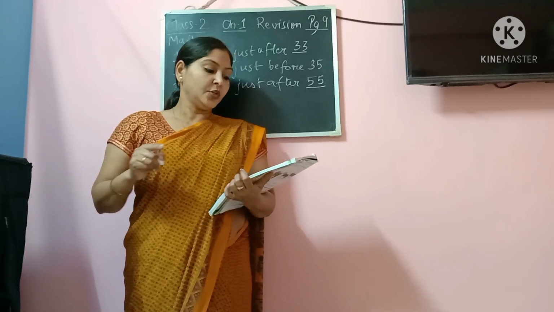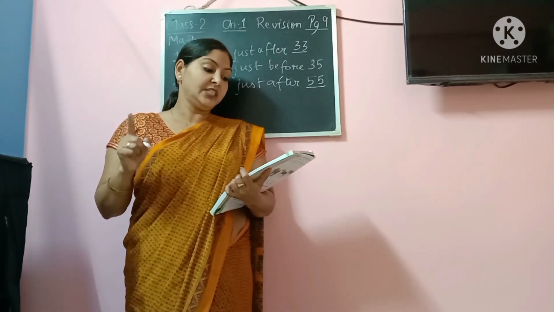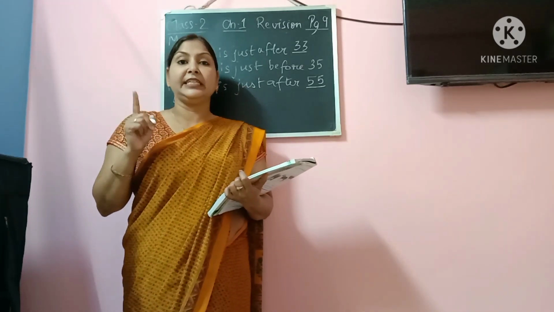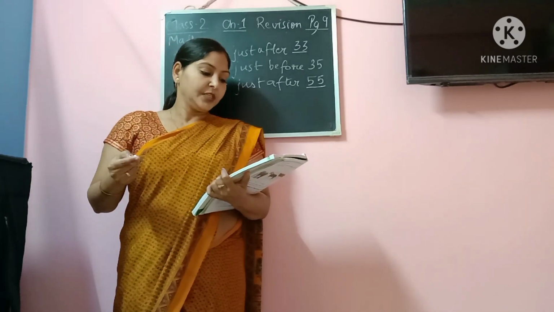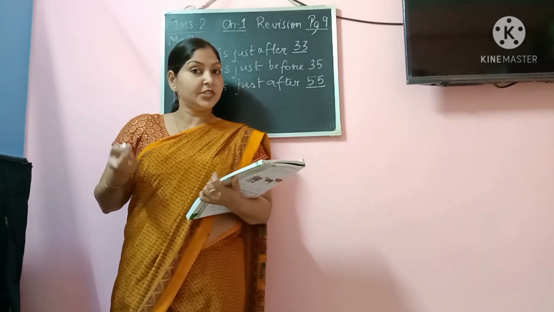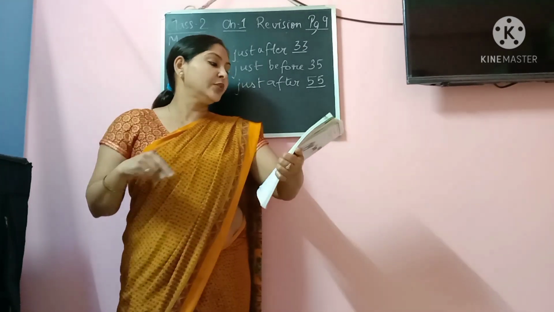Correct, the answer will be 96. 97 is just after 96, not 96 is just after 97. That is wrong. Dash is just before 90. Which number is just before 90? 89. Okay. Now we move to the next question.